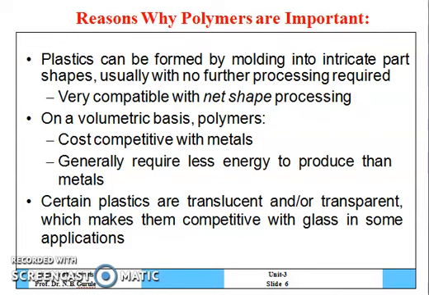On a volumetric basis, polymers are cost competitive with metals, and they require less energy to produce a finished product as compared to metals. Certain plastics are translucent or transparent, and this specific property makes them competitive with glass for some applications.